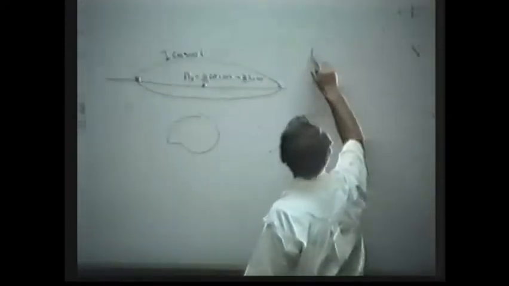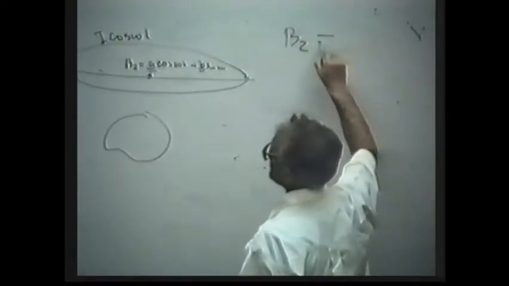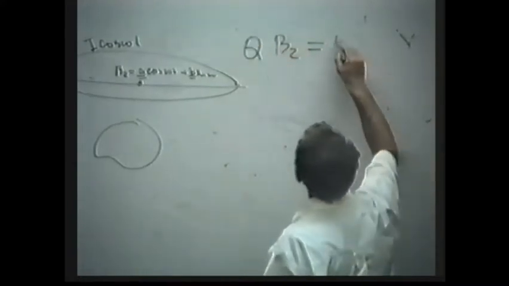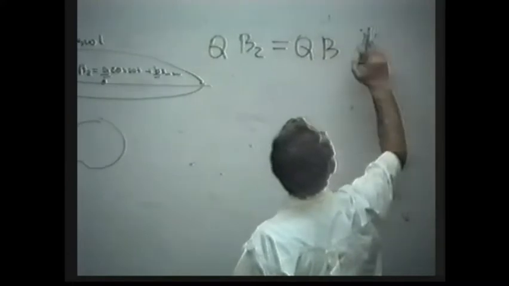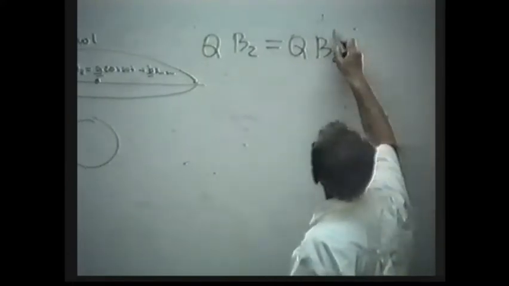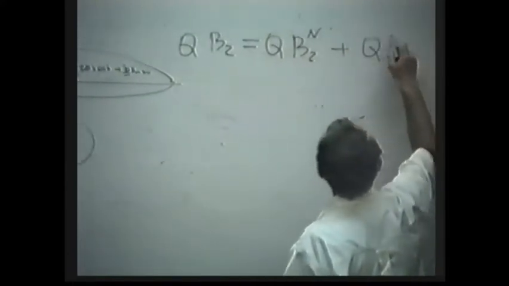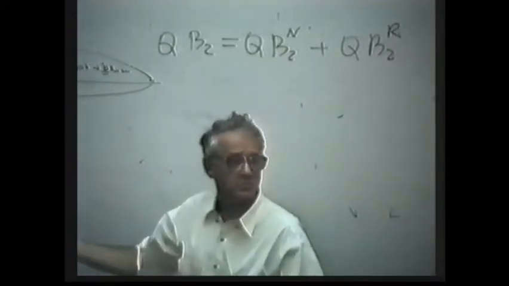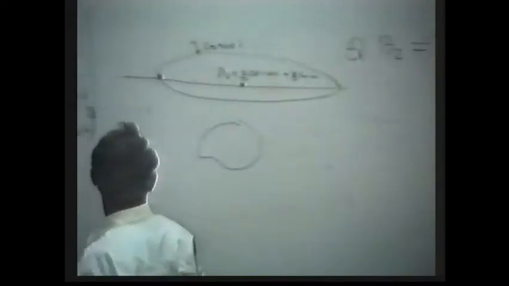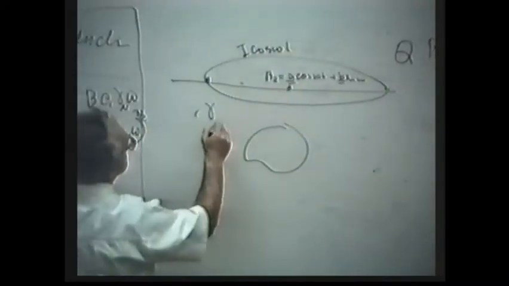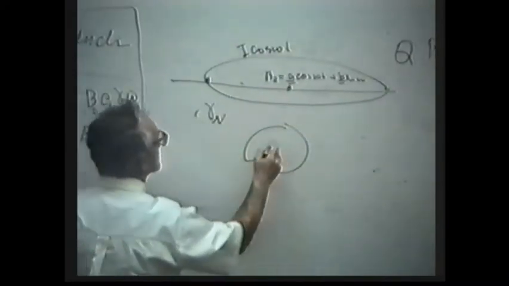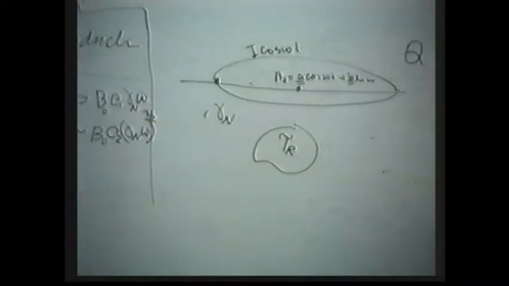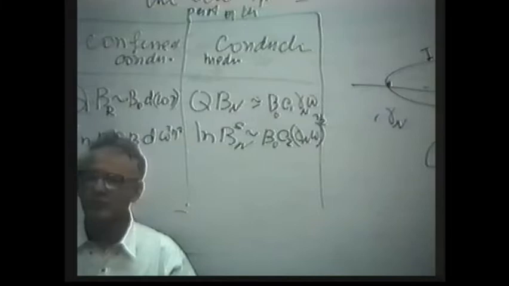Naturally, we measure two signals. For example, quadrature Bz equals quadrature Bz noise plus quadrature Bz of body, gamma noise, tau of body. Let us think what would happen.